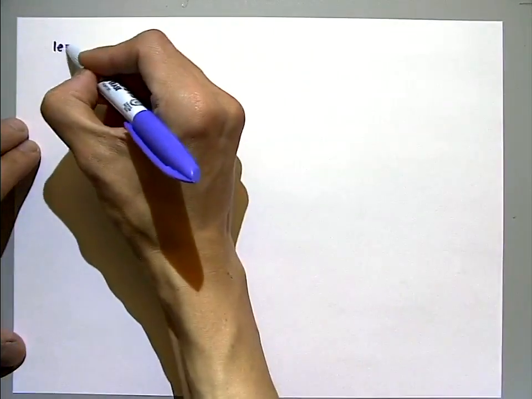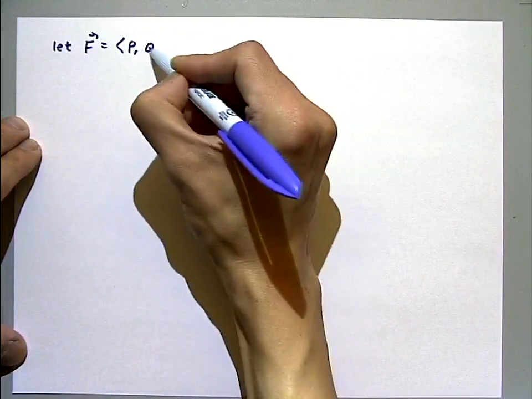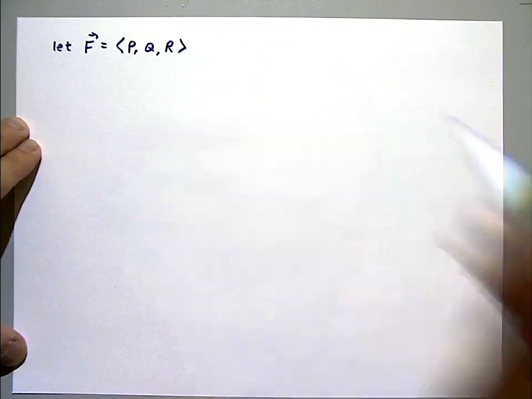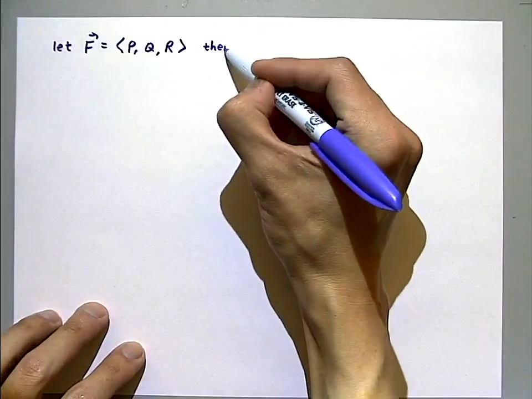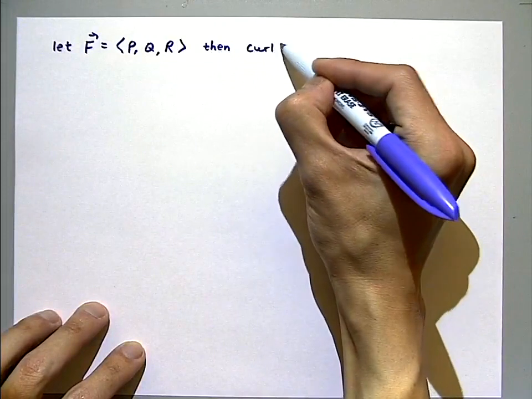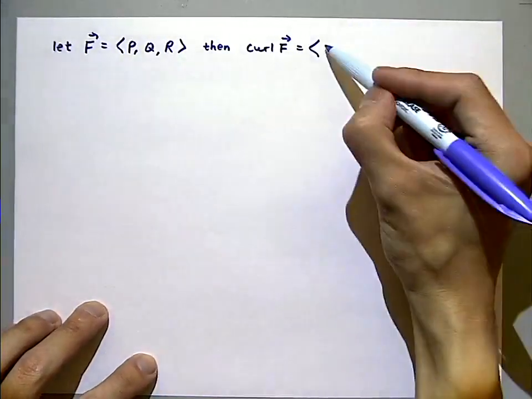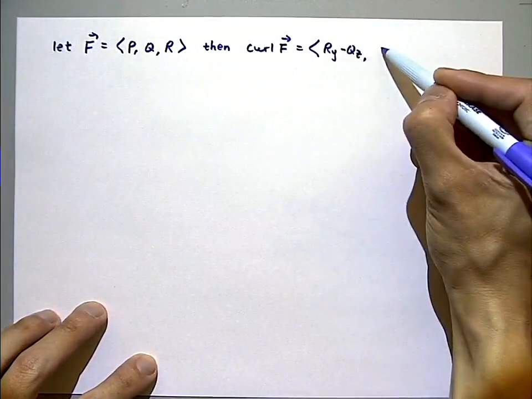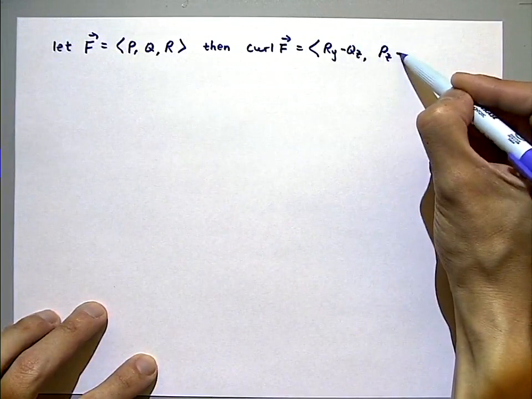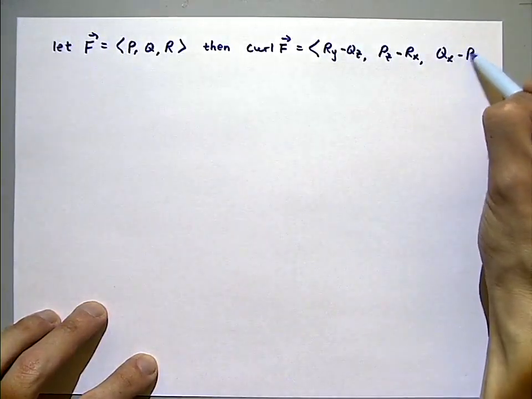There's another operation here. Again, we'll let F be P, Q, R as usual. Then from earlier, we found out that the curl is Ry minus Qz, Pz minus Rx, and then Qx minus Py.